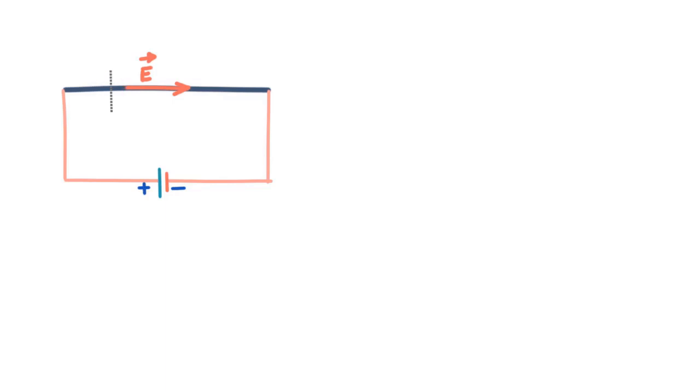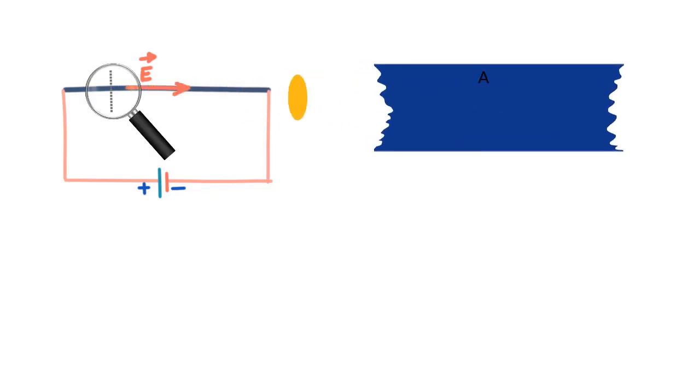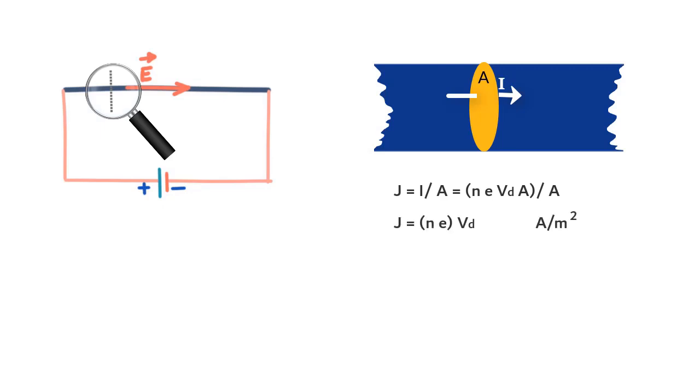That is, if we were to divide the value of current at that point by the area through which it flows, let us say here in this wire, what we get is a term called current density, and it is denoted by the symbol J, and it would equal n e Vd A by A, that is n e Vd. And the units of this are ampere per meter square, and this term here inside the brackets is often called the carrier charge density and has the units coulomb per meter cube.